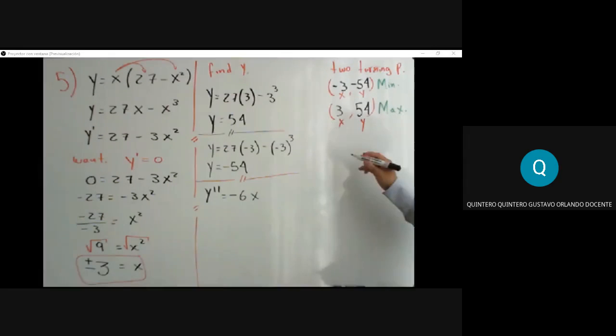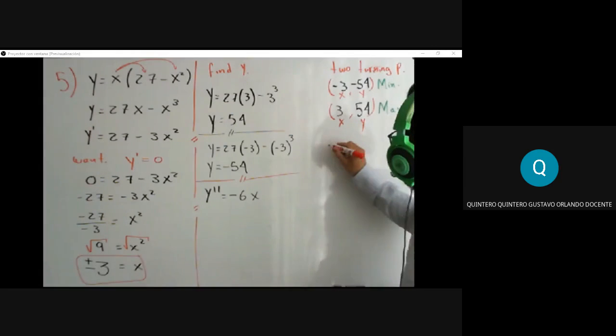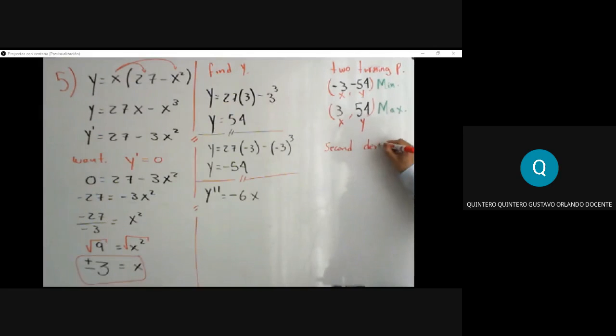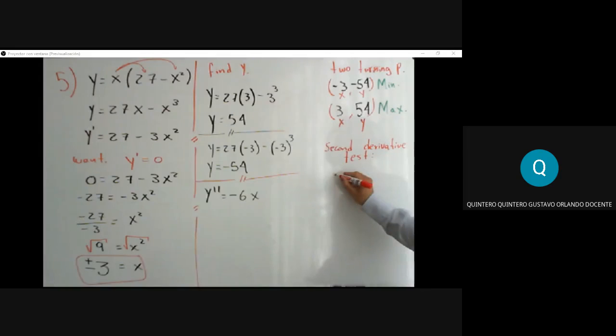Pay attention to the criterion. Second derivative test, right? Second derivative test, y double prime. If y double prime is lower than 0, which means negative, then we have a maximum.